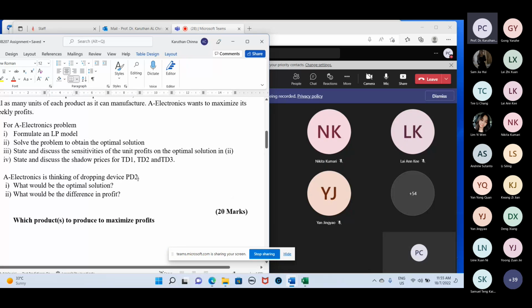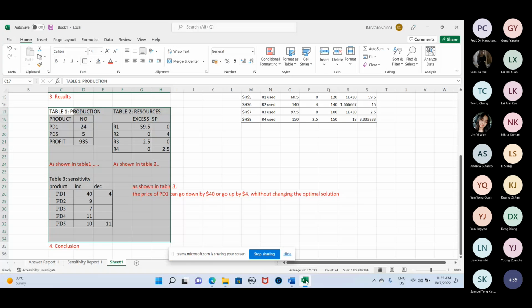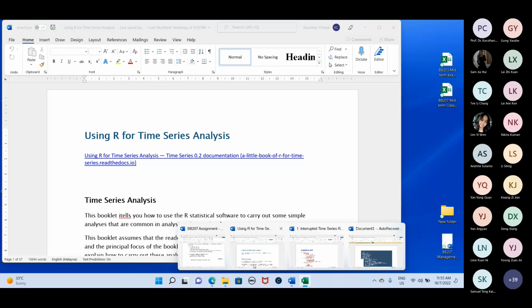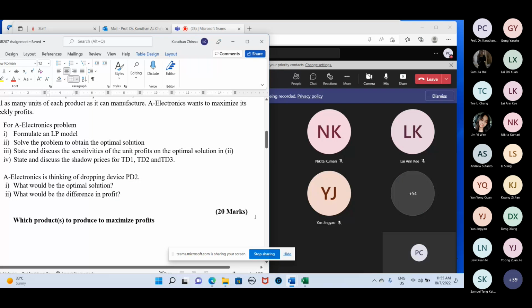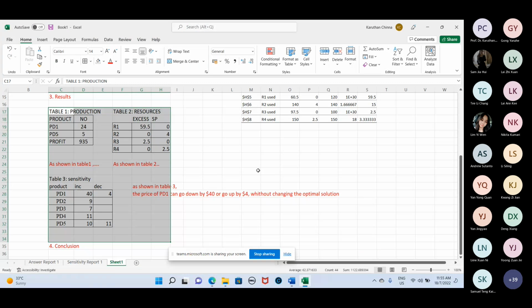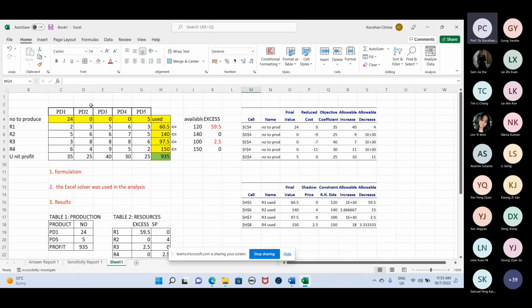And what's the next one? Dropping PD3, PD2. Just drop, right? Then what do you do here? Okay, what do you do here? Drop PD2, right?